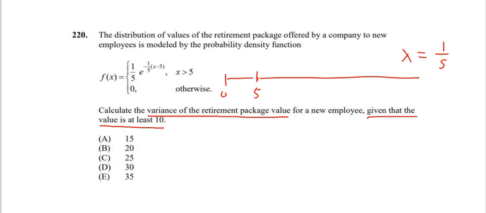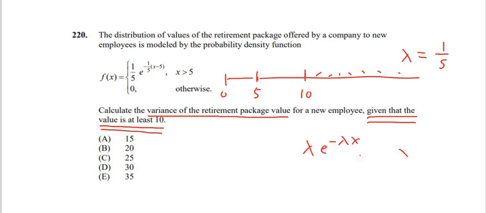Okay, if the condition is that we just start from 10, this is still an exponential distribution, because the density function is the same, just adjusted by a constant. Here the density function is lambda times e to the negative lambda x.